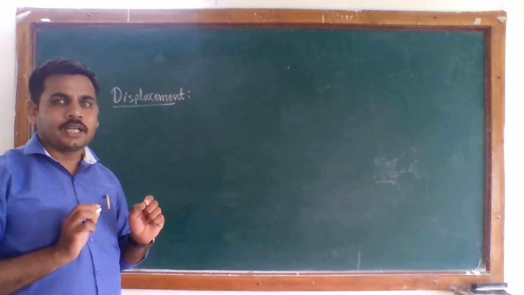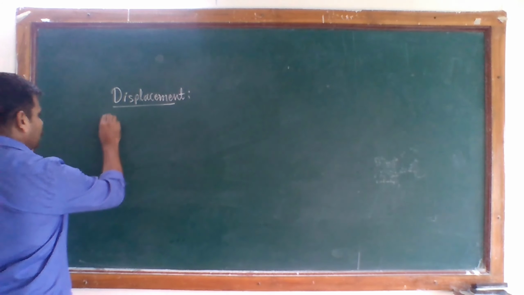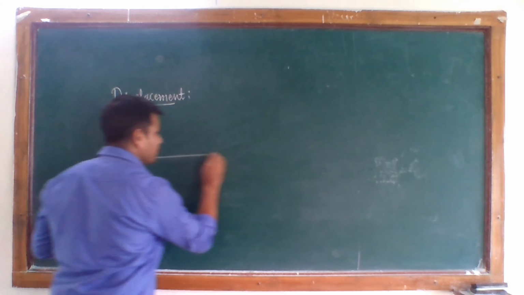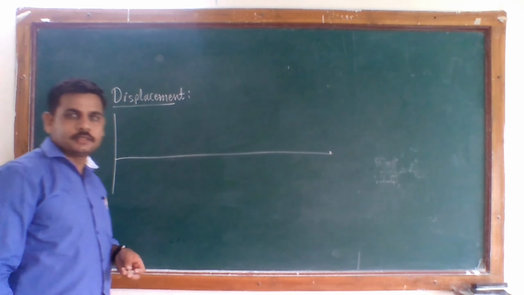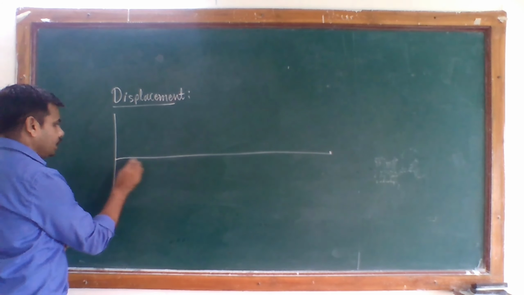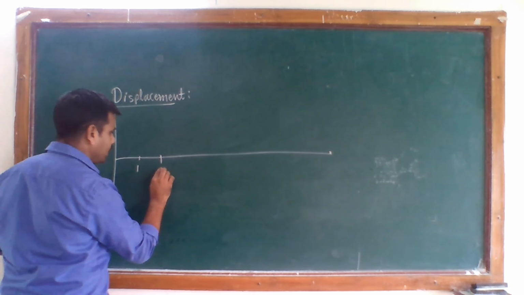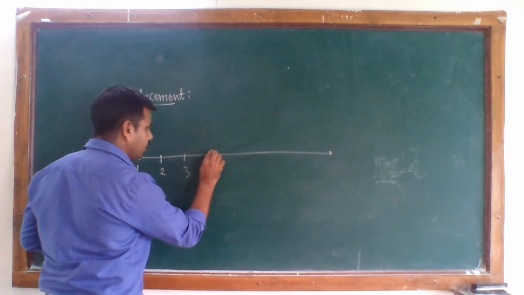So in that case, how does the displacement work? Again, we consider a small example: from this origin, I put some distances 1, 2, 3.